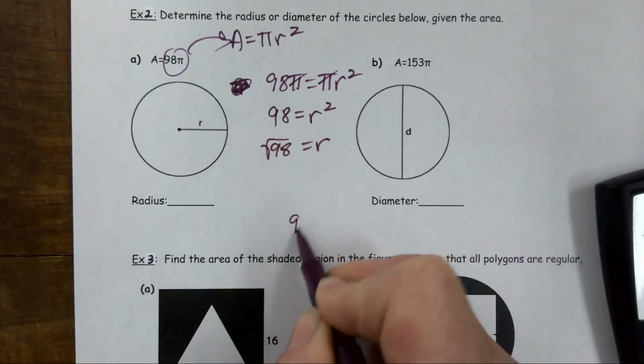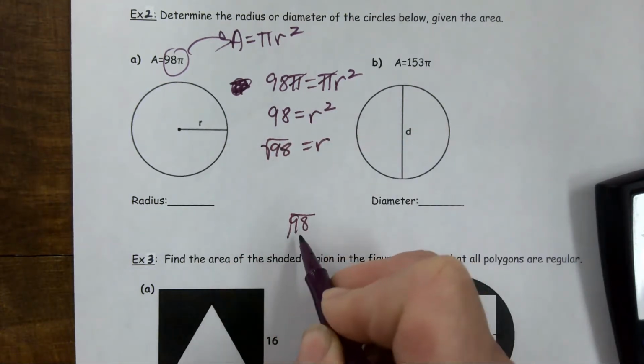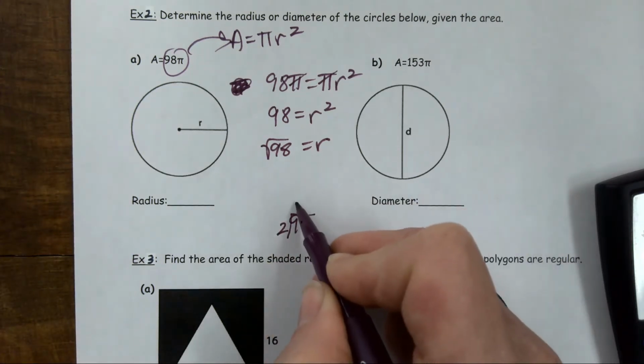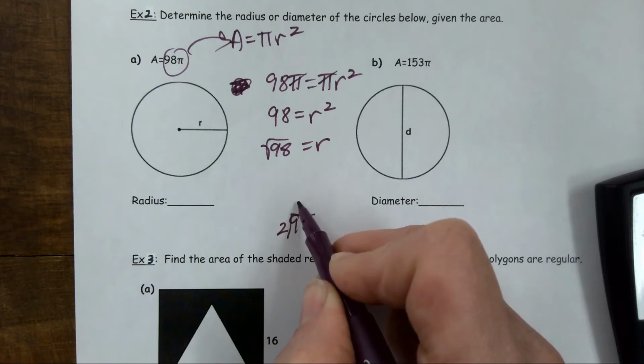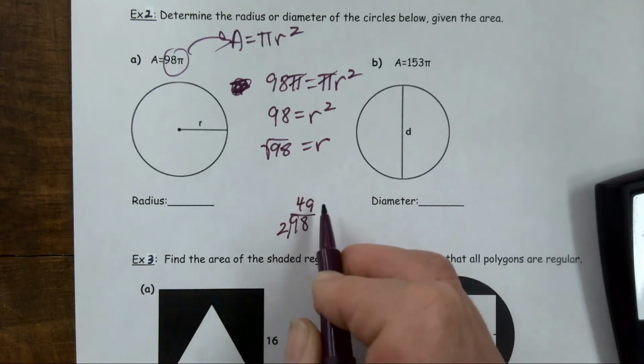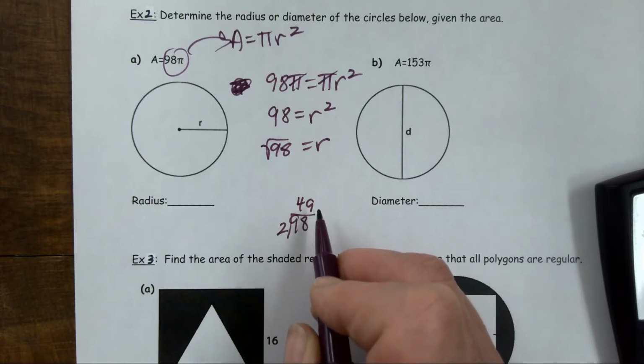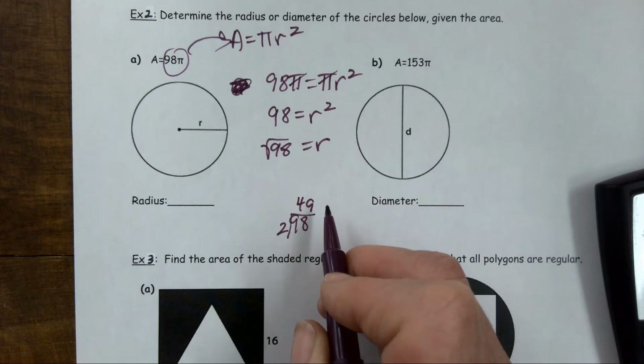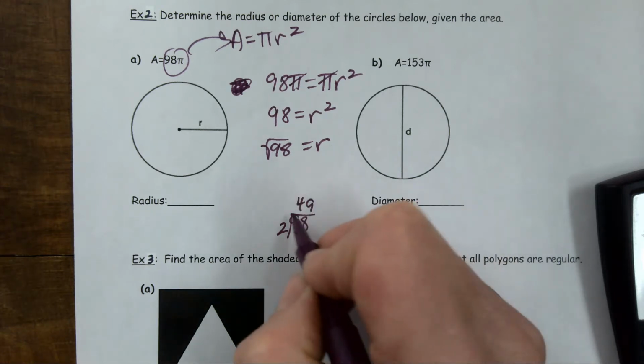I'll go and do my repeated division on the bottom. Can I divide 98 by 2? Yes. What does it equal? 49. Can I divide 49 by 2? No. By 3? No. By 5? By 7? Yeah. So by 7.